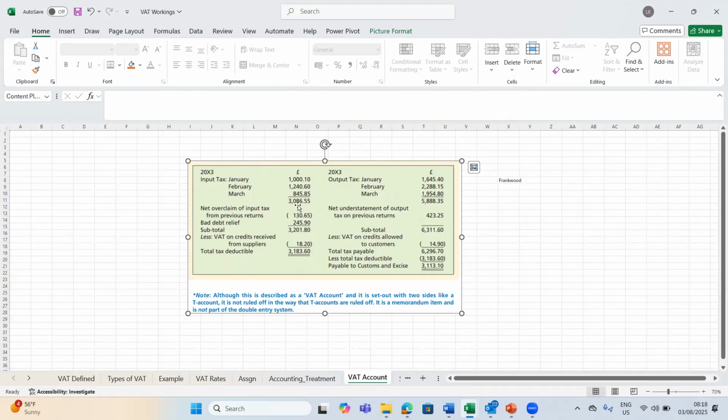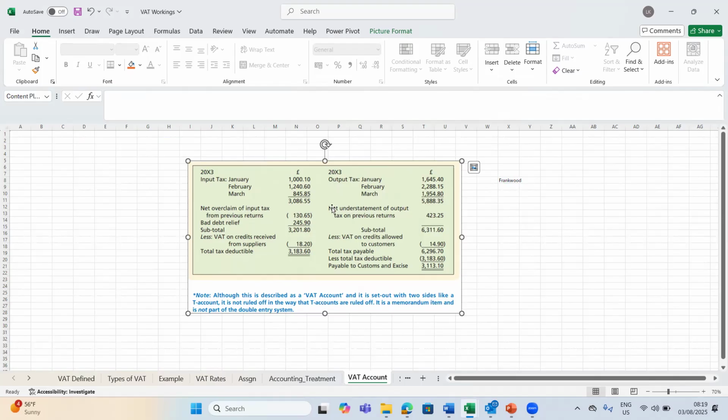For the input. Okay, so what was supposed to happen is the difference was supposed to be what? To be paid. And here there are also some adjustments. Say net overclaim of input tax from previous returns. Okay, so these are some of the adjustments. If you overclaimed, that's the adjustment.